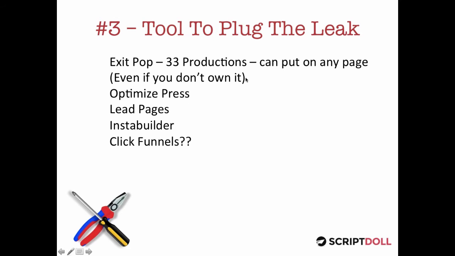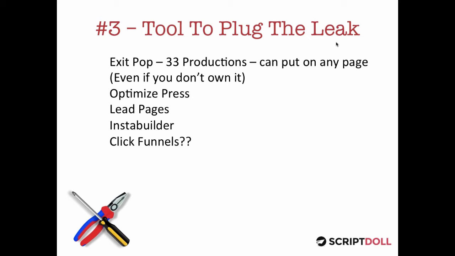Okay. So let's plug this leak, right? Plugging the leak. So first of all, actually 33 Productions has a cure for this. It's called Exit Pop. This is not a plug. Well, it is a plug. But yeah, this is actually a web-based tool.